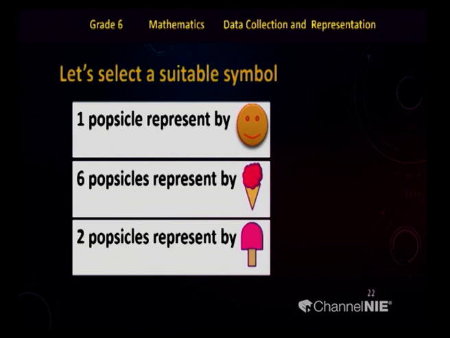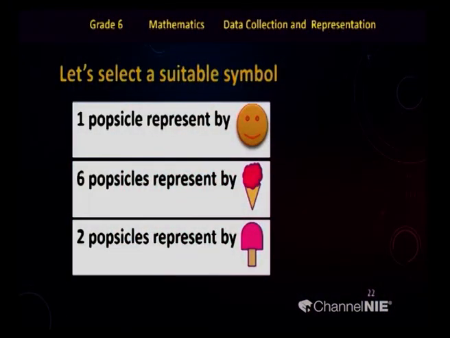I have used that smile face to represent 1 popsicle. Then second one, 6 popsicles represented by the second symbol. Then last one, you can see 2 popsicles represented by that symbol. So, what are you going to use? What will be the most suitable symbol? My dear children, you have to think about it, because that is the base of this picture graph.